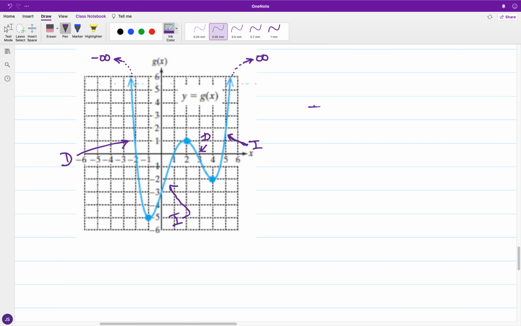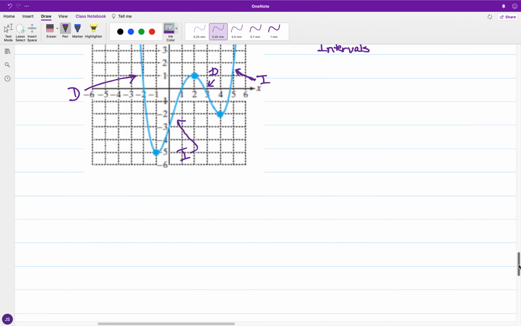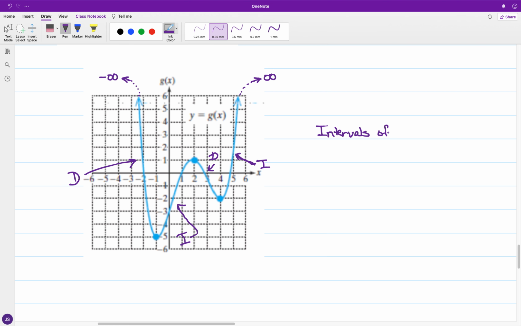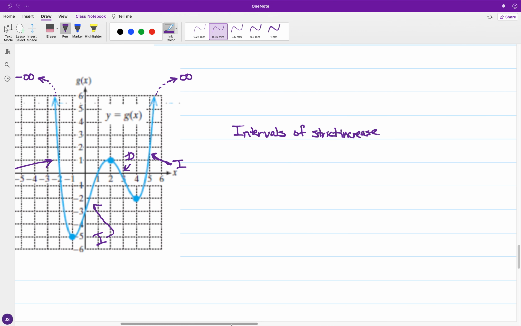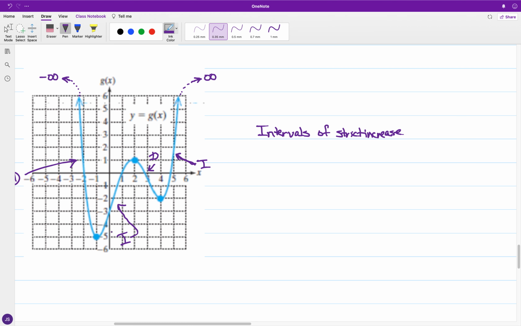So for the intervals of strict increase, where we have increase to occur, after we get past this first relative minimum, going past x at -1, the function increases until we get nearer to x is equal to 2.